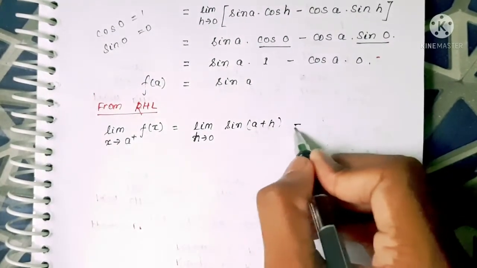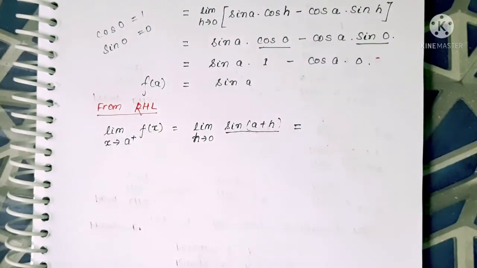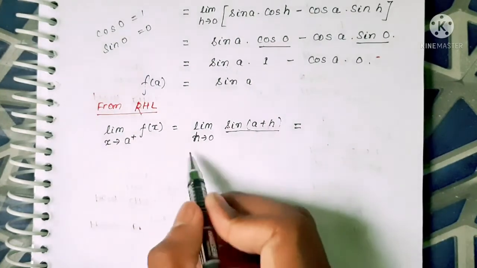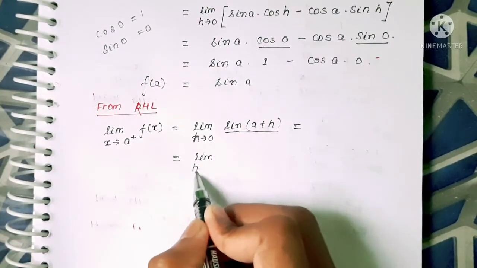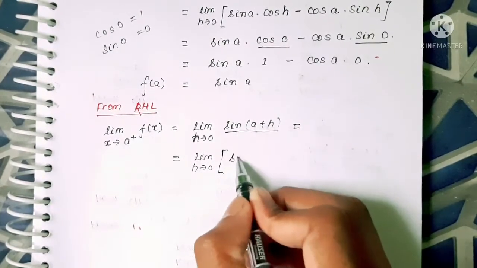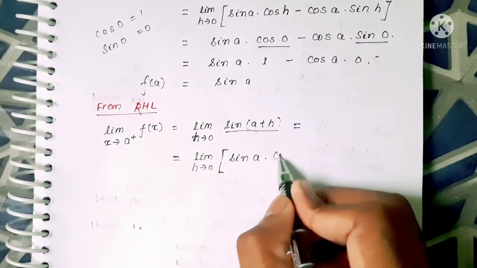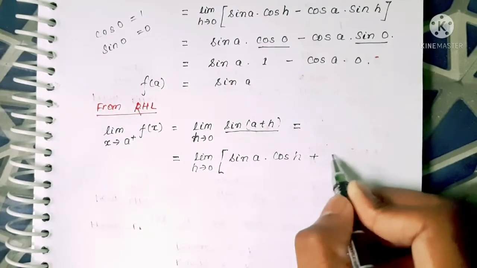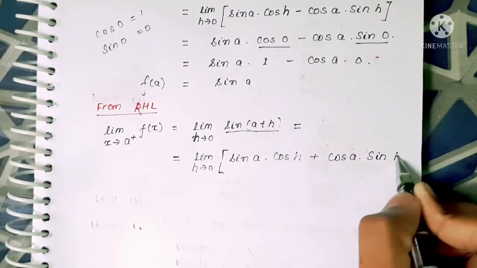Then we will again use the formula for sin(a plus h), that is sin a into cos h plus cos a into sin h. So here I will get limit h tends to 0 of sin a into cos h plus cos a into sin h.